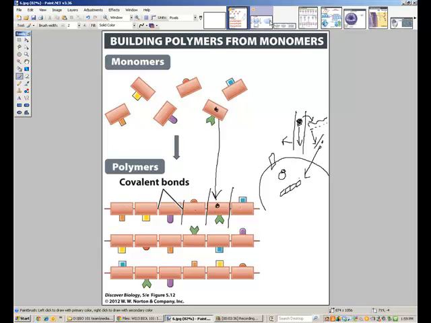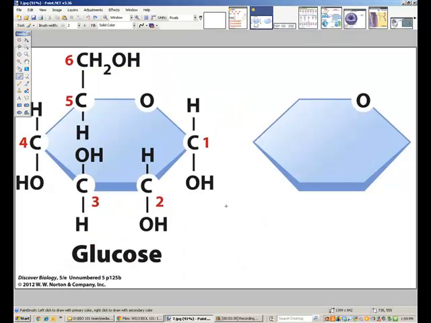All right, so let's talk specifics. This is a monosaccharide. This is glucose, and so let's write that down. Mono meaning one, saccharide meaning sugar, so it's a single sugar, and this is the monomer for a carbohydrate.